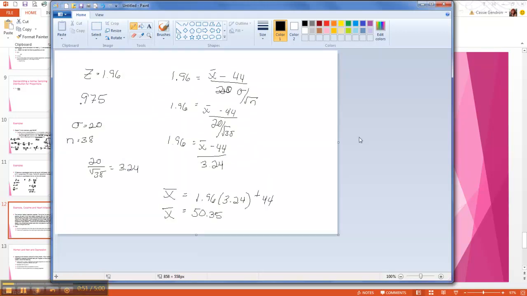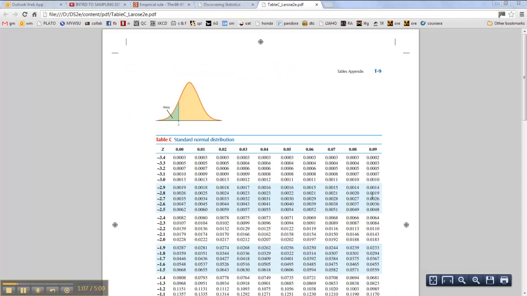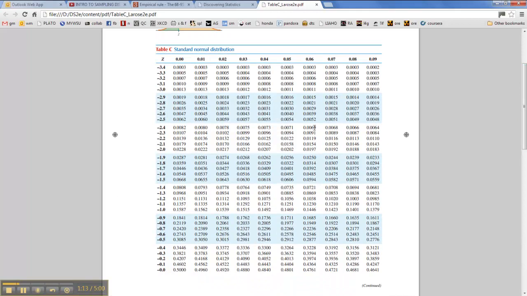Alright, so now I believe we want to find the 2.5th percentile, which I should call up so you can see what I'm doing with the chart. I have called up your Z table, T9, from the student CD. And I wanted to show you what I was talking about by looking for the area. Now, I'm looking for the 2.5th percentile.